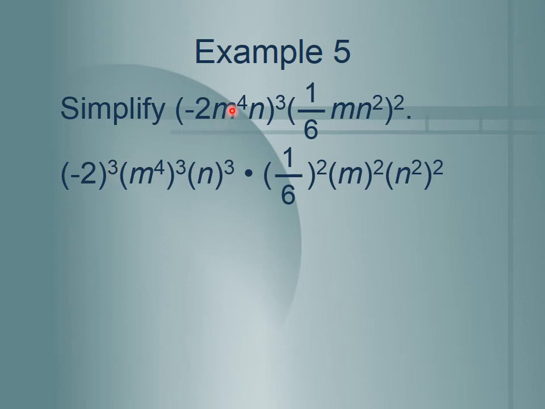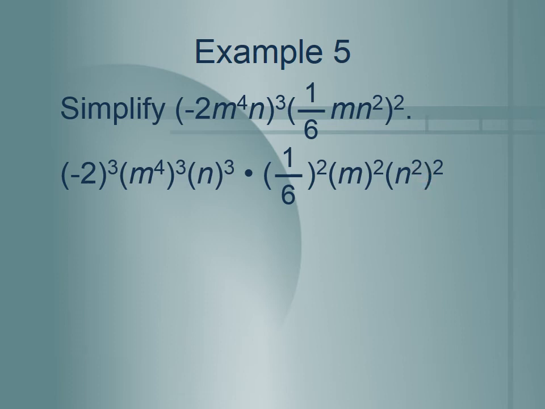And then m to the 4th is also going to be cubed, so I have m to the 4th cubed. And then n is going to be cubed, so now I have n cubed. Okay, now I'm going to do the same thing with this group because this whole group in parentheses is getting squared. So I'm going to distribute that squared. Okay, so now I have 1/6 squared, I have m squared, and then I have n squared squared.